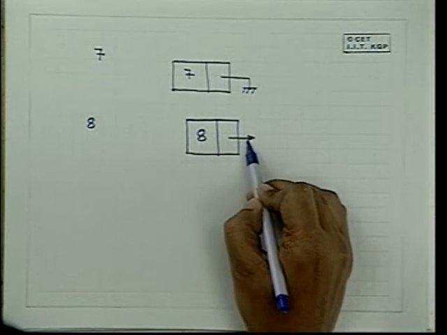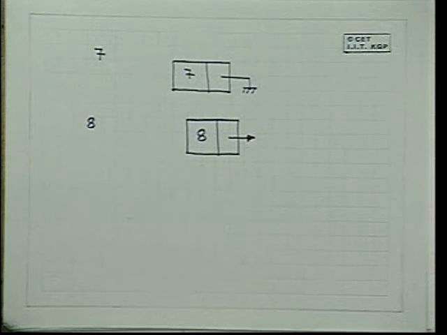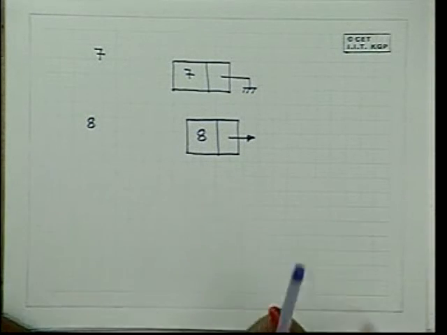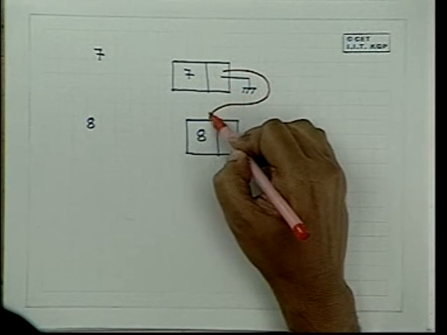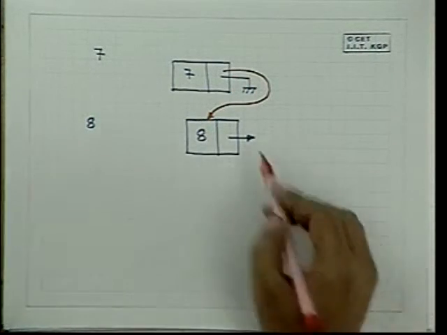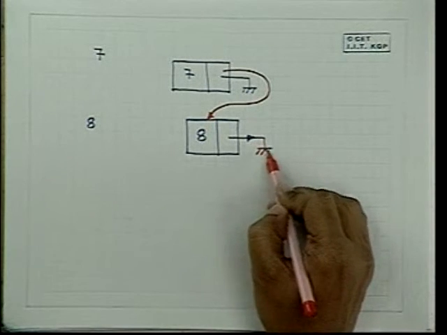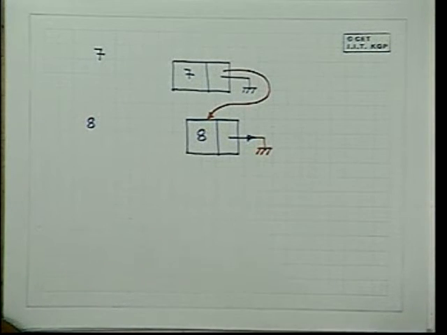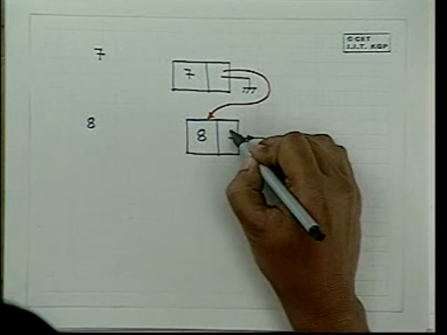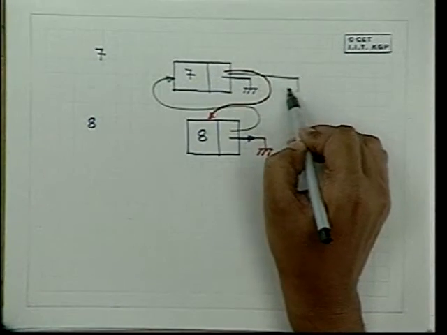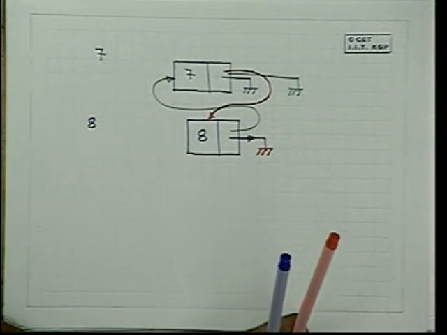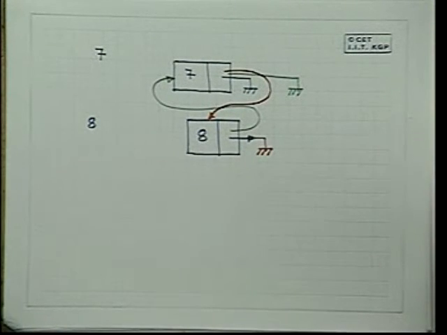One option will be to make this element point here and ground this element. The other option can be to make this element point here and have this grounded. It just depends on the order in which you store the elements.